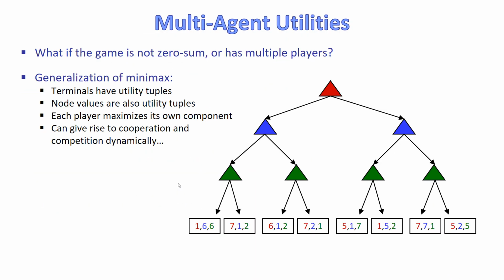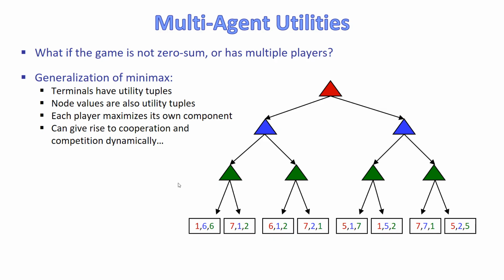Okay, the next type that we will talk about, actually the last type, is called multi-agent games. Okay, remember so far we were assuming zero-sum games, where the sum of the utilities for players is zero. Now that's not always the case. If we have multiple players, each one might have its own utility.